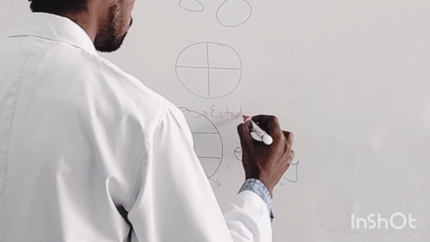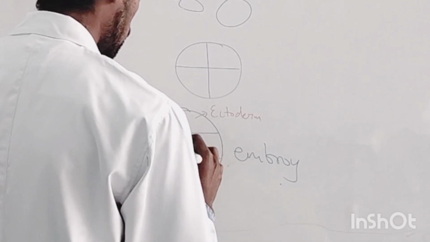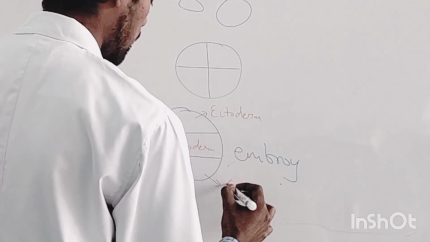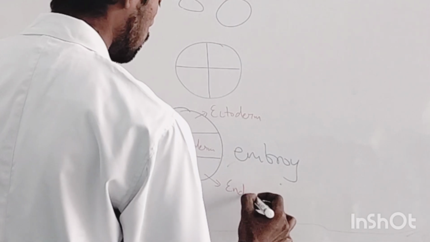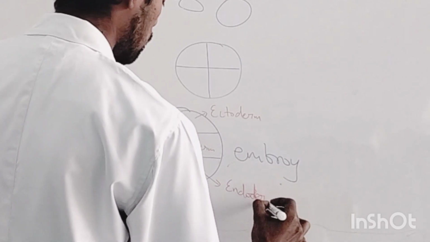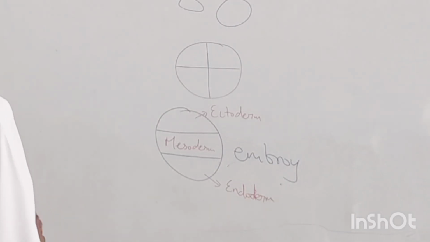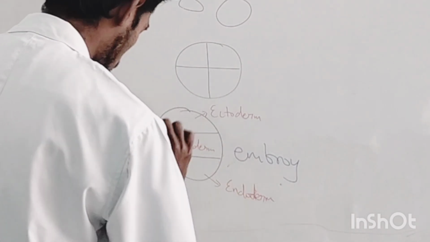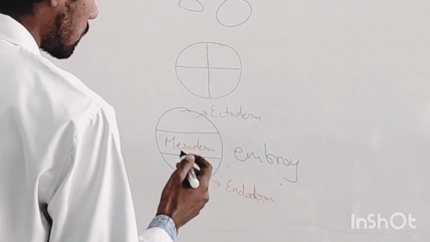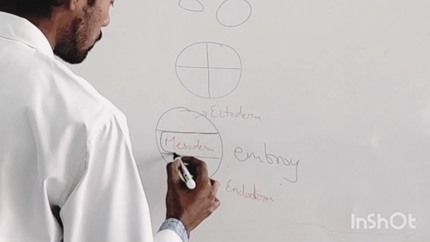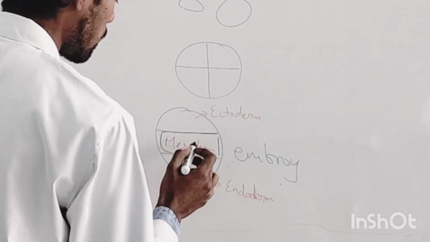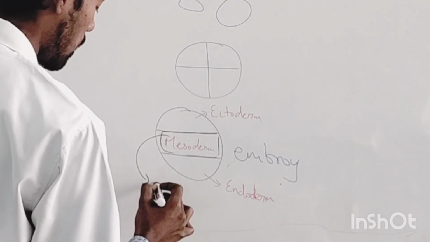Ectoderm, mesoderm, and endoderm. So now it is easy for you to understand that the heart is made up of the mesoderm part. The human heart is made of the mesoderm part, meaning the middle part of the embryo is going to become the heart.